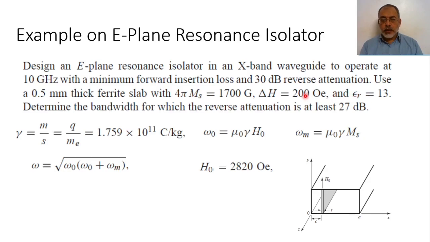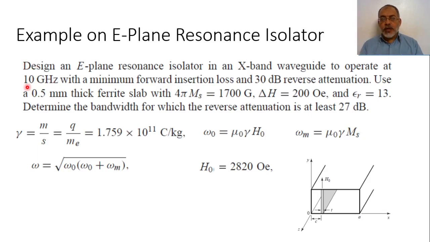After designing this E-plane resonance isolator, it is required to determine the bandwidth in which the reverse attenuation is at least 27 dB. So effectively, we are going to design this isolator to be 30 dB at 10 gigahertz.